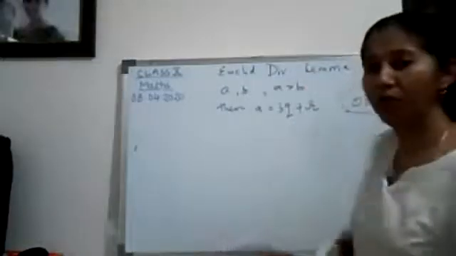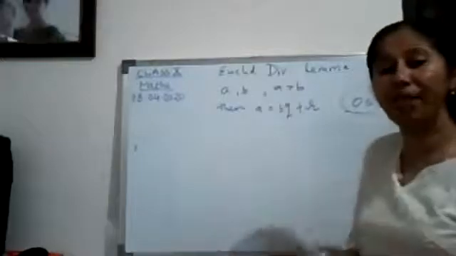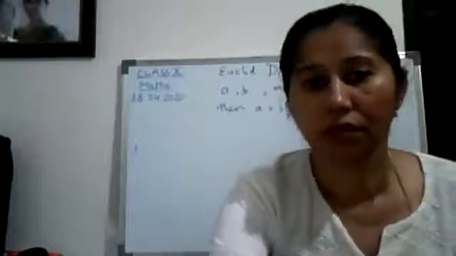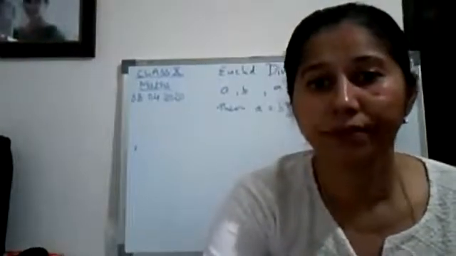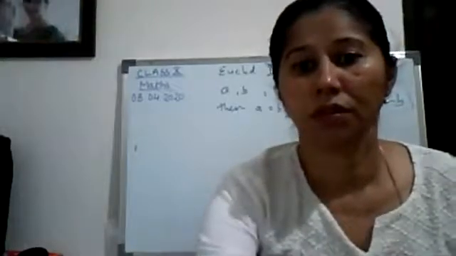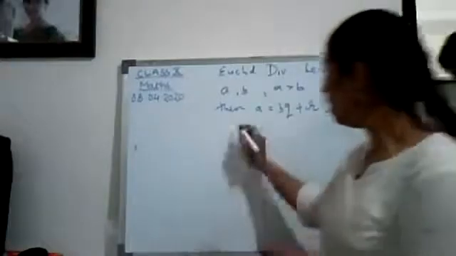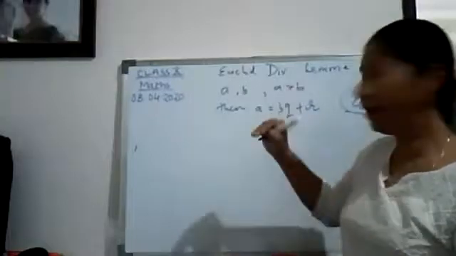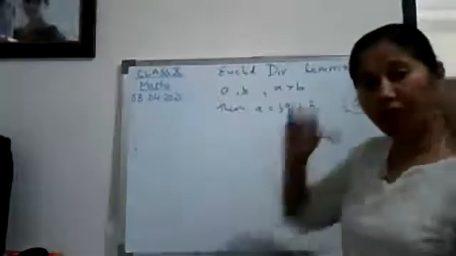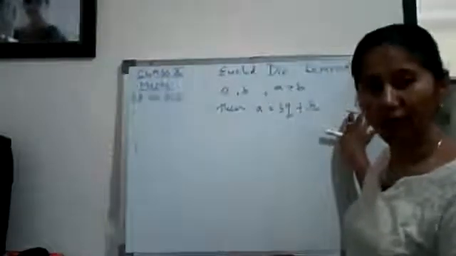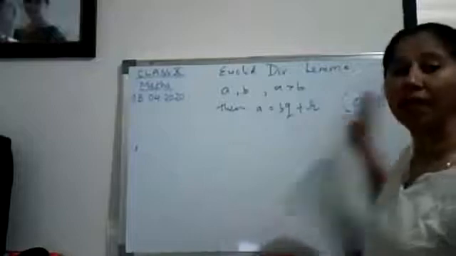Now please remain focused on this condition. What does it say? That when you divide, when the divisor is b, the remainder you get at the end of the division is either equal to 0 or it has to be smaller than the divisor.